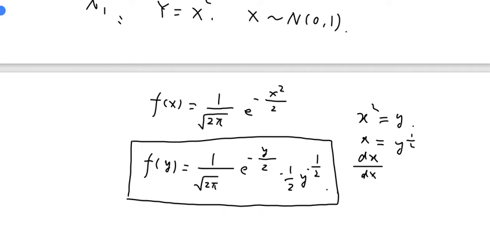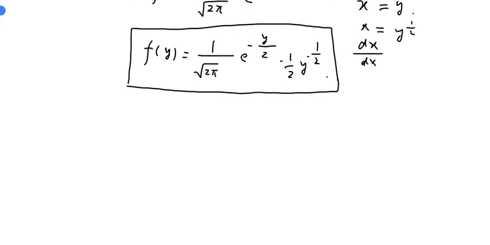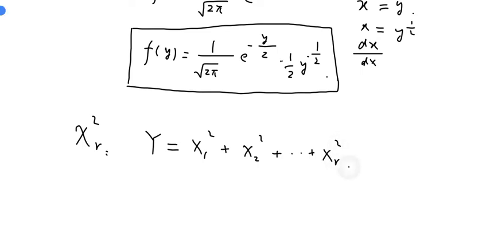And so in general, let's say, how about chi-square r? Chi-square r is like this: y equals x1 square plus x2 square plus ... x r square, and these x1, x2, and so on follow standard normal.